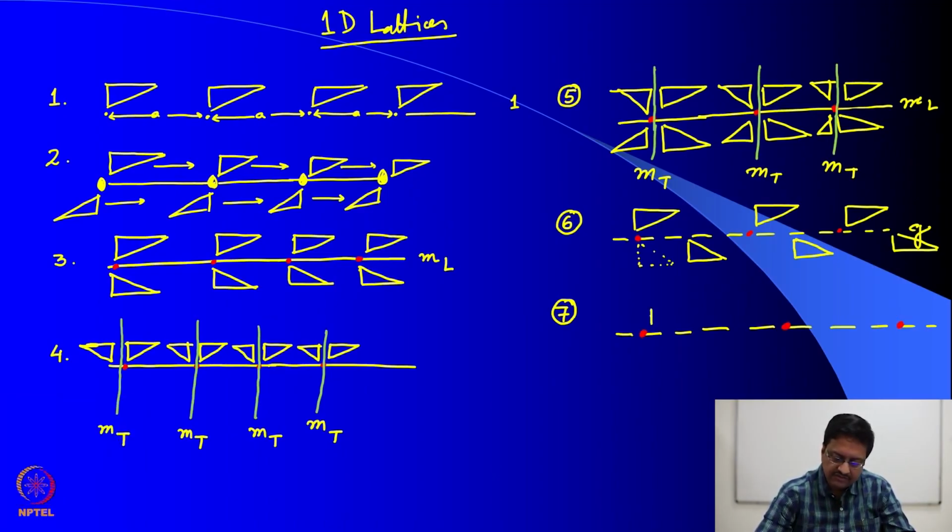So if I draw my object first, and I have the corresponding transverse mirrors here.